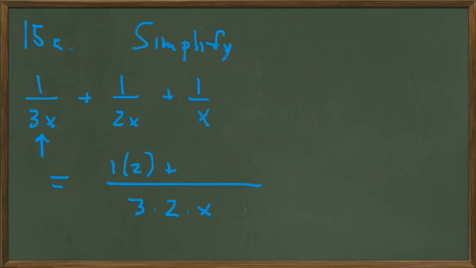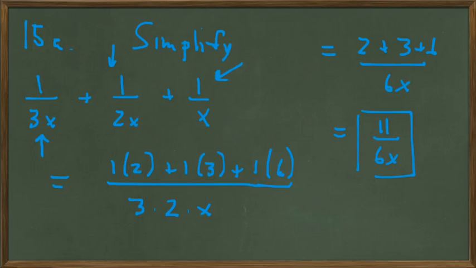The missing factor in the 1 over 2x is the 3, so we multiply that by 3. And the missing factor in this final fraction is both the 3 and the 2, so we multiply that by 6. And so that gives us 2 plus 3 plus 6 over 6x, or 11 over 6x.